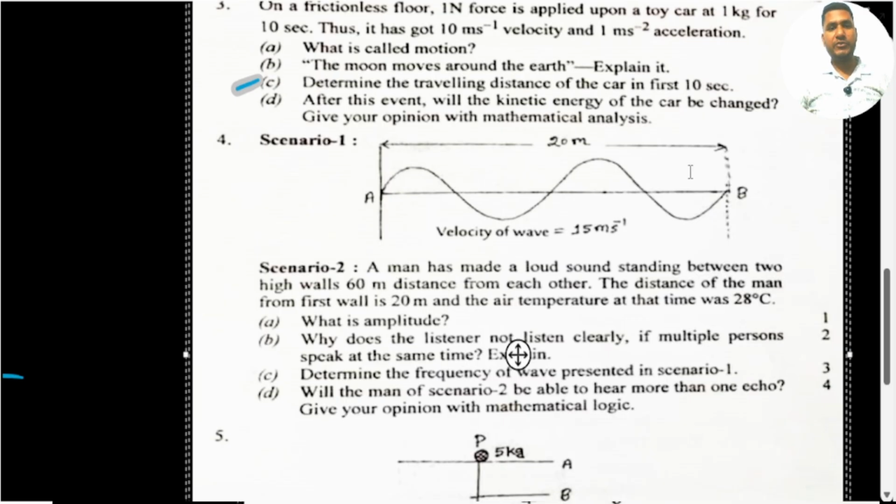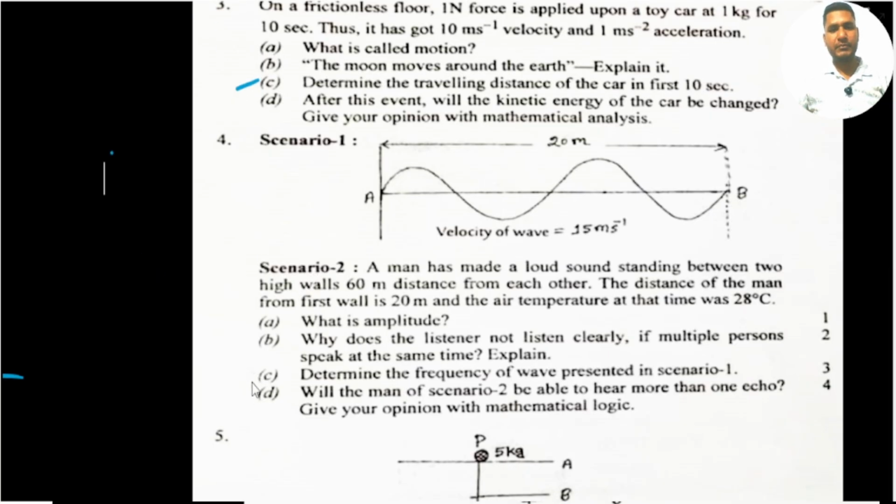The distance of the man from the first wall is 20 meter and the air temperature at that time was 28 degree Celsius. What is the question here? The question is number C. Determine the frequency of the wave presented in scenario 1.